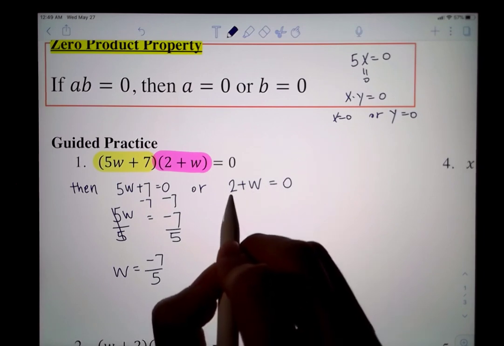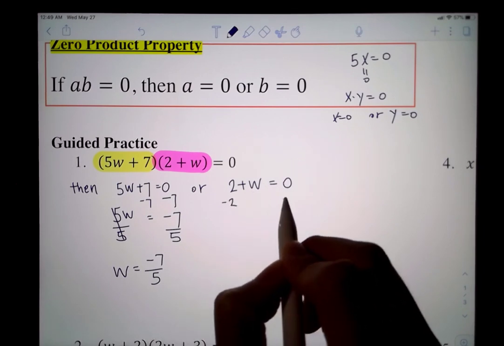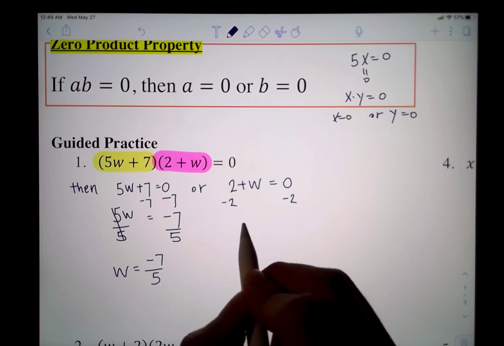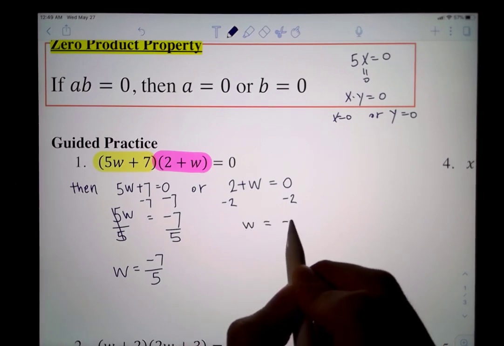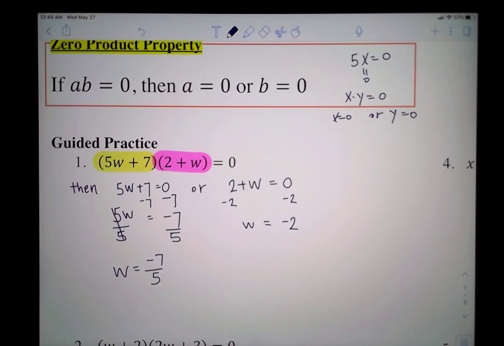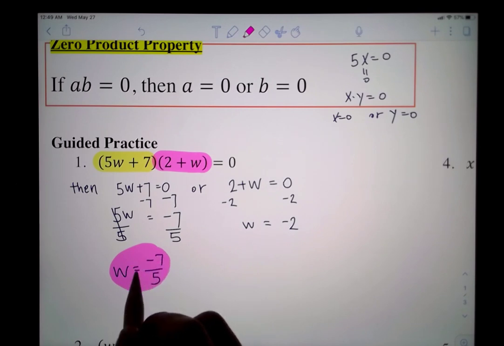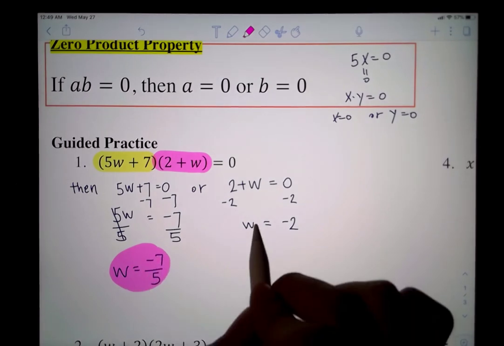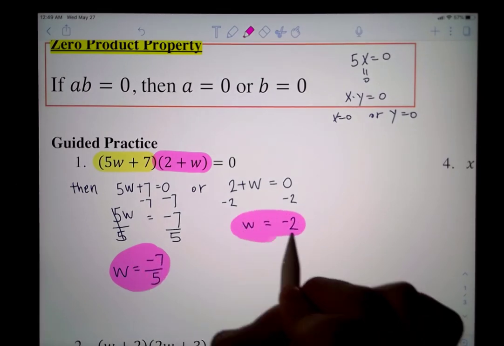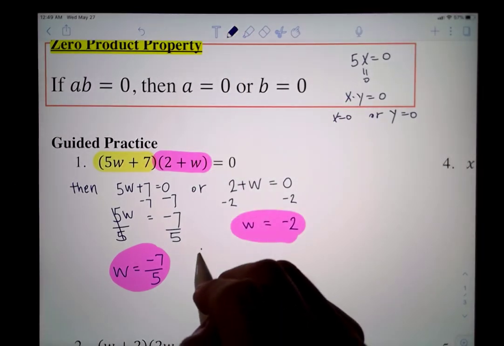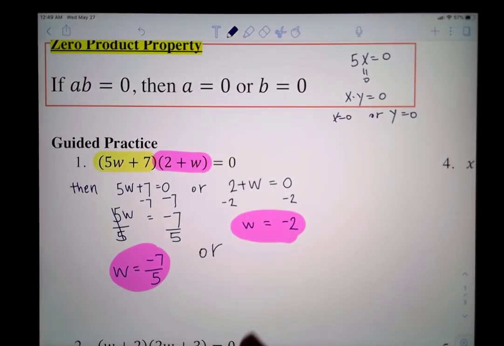So let's get rid of this 2. So minus 2, then you get w equals negative 2. So your two solutions will be w equals negative 7 over 5, or w equals negative 2. So these are your two solutions for this equation.